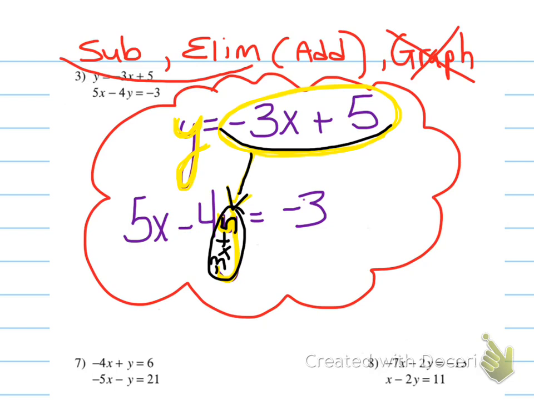That little y contains negative 3x plus 5 because I'm showing it right there. Look at it. y equals negative 3x plus 5. So if there was a y there, and that y is equal to negative 3x plus 5, then we could substitute negative 3x plus 5 for the variable y.